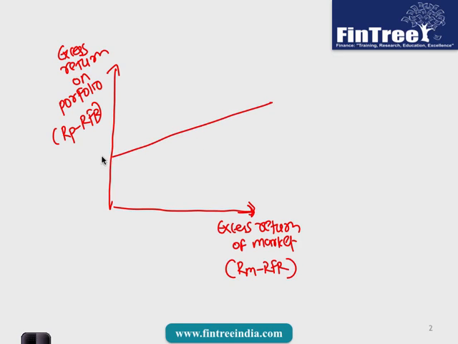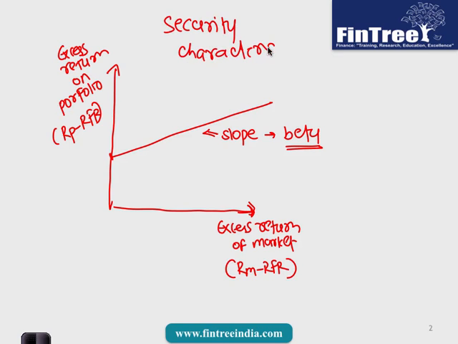When you build a regression, the intercept of this regression is alpha, and slope of this line is beta of that stock, and this line is called security characteristic line, SCL.